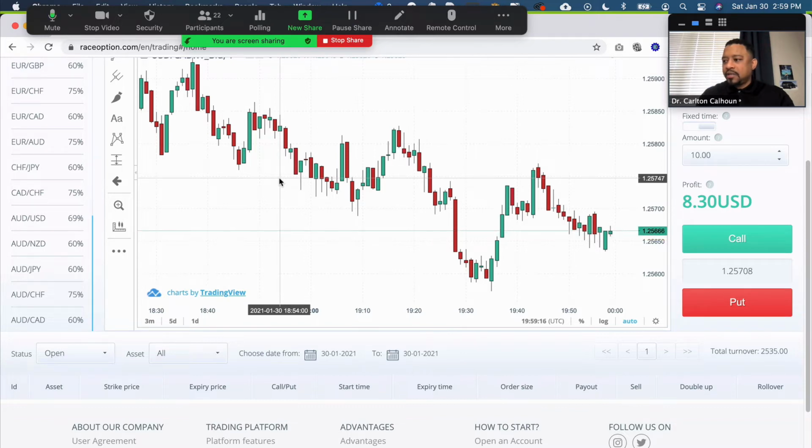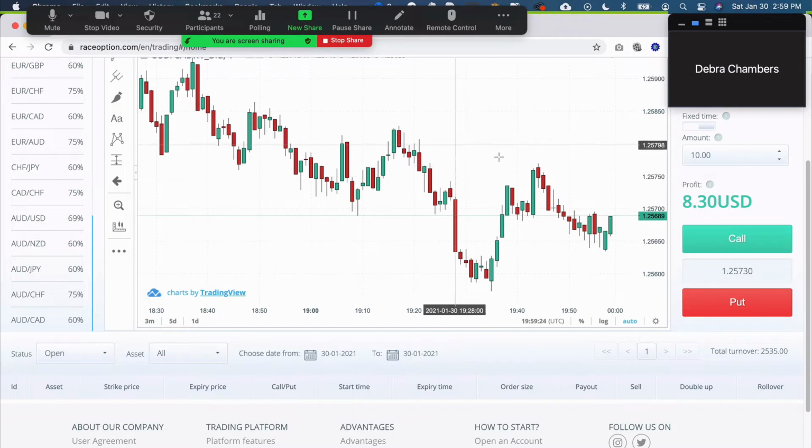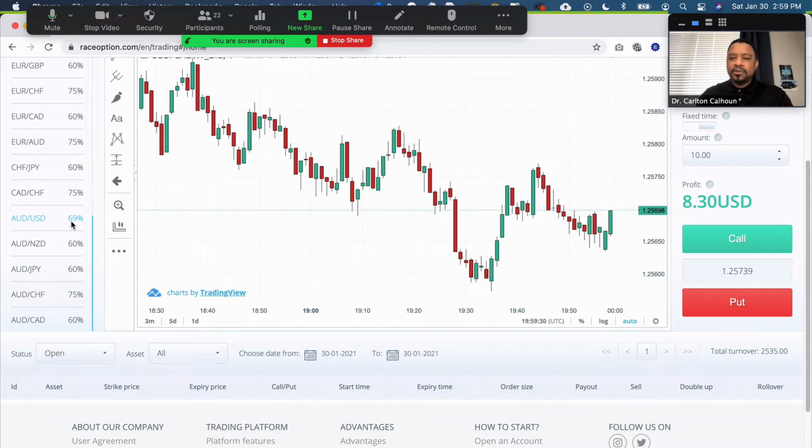What does Millie use? Deborah, what does Millie use? God, I can't think of the name. I think it's the simple scalper or something like that. Yeah, simple scalper. Find one that works for you and use it.